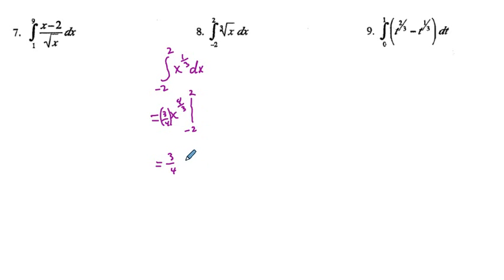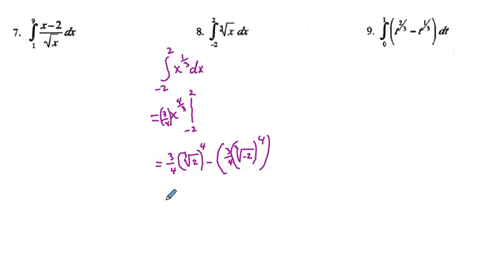The 4/3 power is going to be the cube root of 2 to the 4th power, minus, we're going to put parentheses, 3/4, we're going to have the cube root of negative 2 to the 4th power. Okay, so that's what that's going to look like.